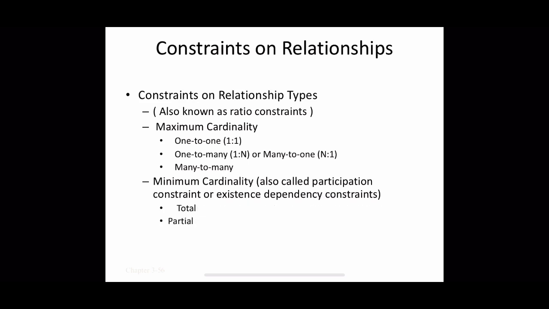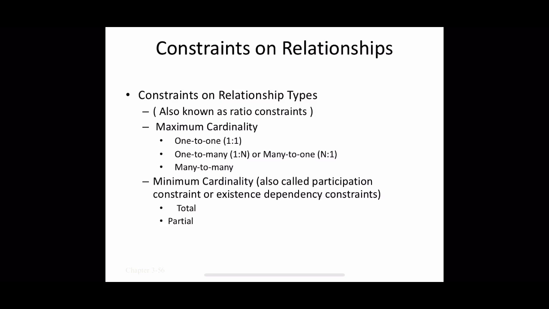Again, this minimum cardinality constraint can be divided into total participation or partial participation. We can see an example first. If a company policy states that every employee must work for a department, then an employee entity can exist only if it participates in at least one works for relationship instance, right? So in that case, minimum cardinality is 1.